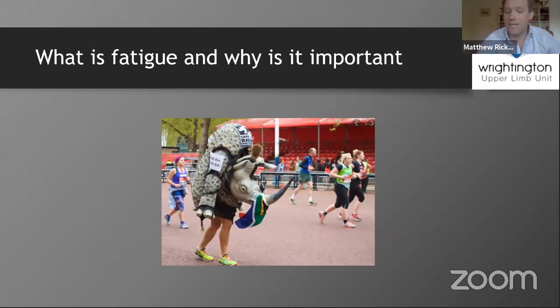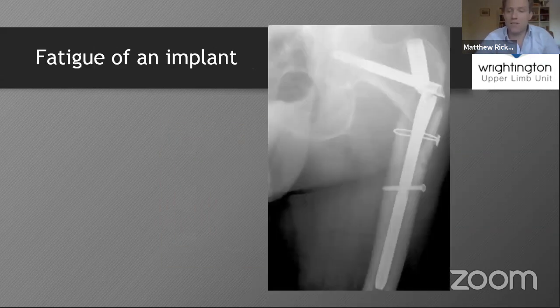So what is fatigue resistance? It's important to know about, because during your practice you may see implants that end up fatiguing and failing. Whenever we put metalwork into patients, particularly with fractures, it's usually a race between the fracture healing and the metalwork failing. If the fracture doesn't heal, it's inevitable that the metalwork will fail at some point. An example of this is this X-ray.